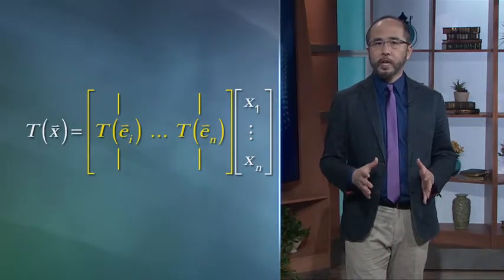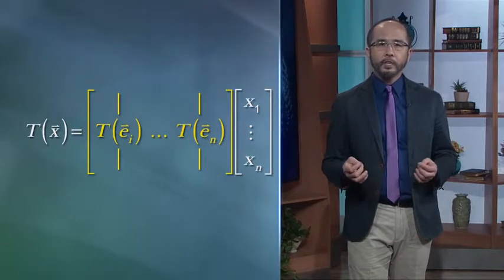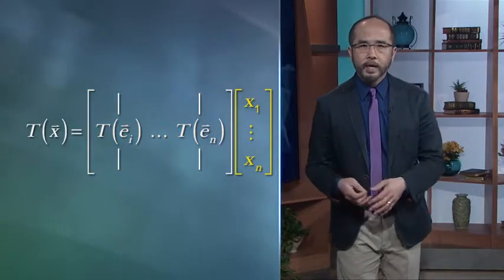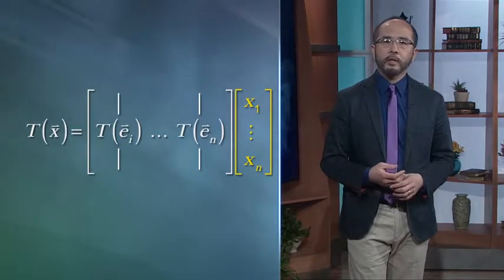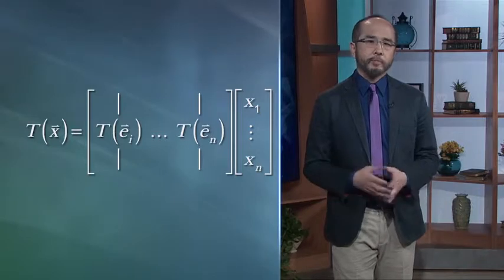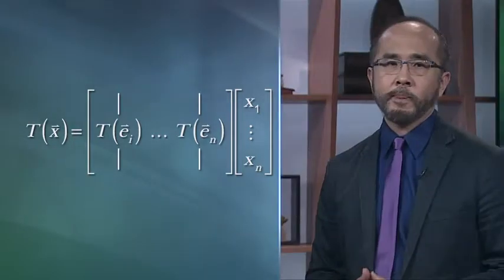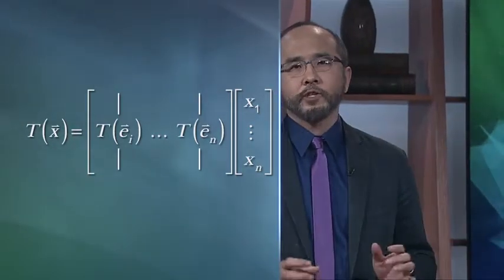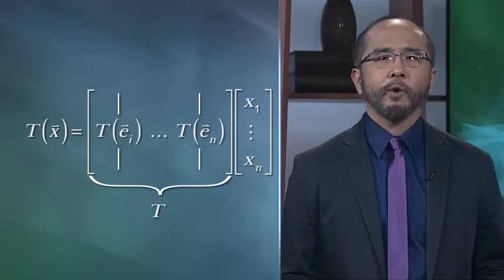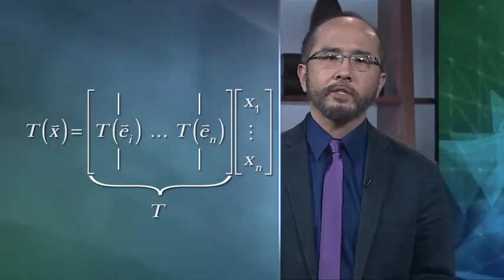This matrix multiplication performs the dot product of each of the rows of the matrix with the vector x1 through xn in succession. This is just taking a linear combination of the columns of this matrix. So we have shown that a linear transformation T is determined by where T sends the standard basis vectors.